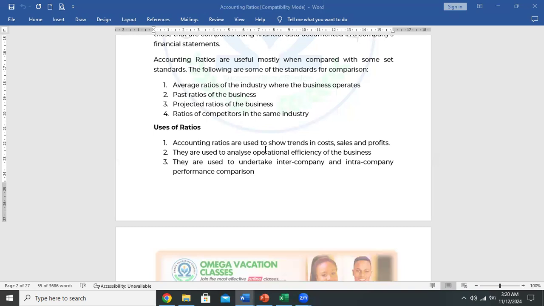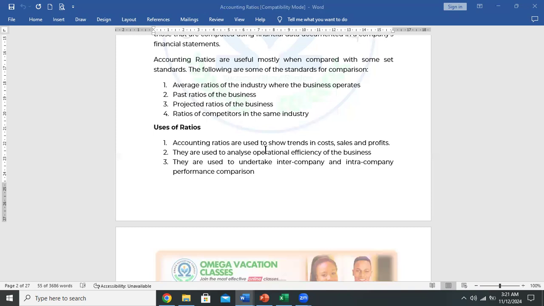The second is they are used to analyze operational efficiency of the business. Okay, some of the ratios seek to check if the business is being efficient in its operation. A typical example is one of the ratios that establish a relationship between sales and gross profit. So the essence of this ratio is to be able to tell the users that the business is able to sell more, and for that matter, the sales adds to the gross profit.